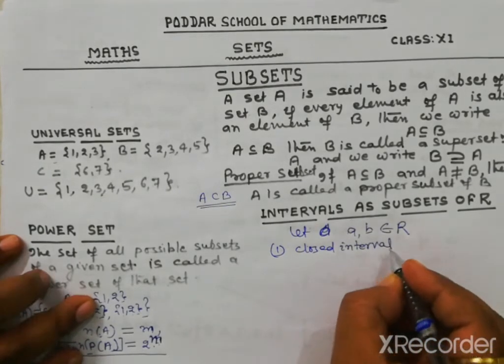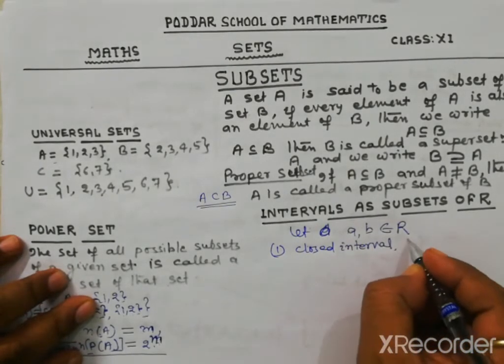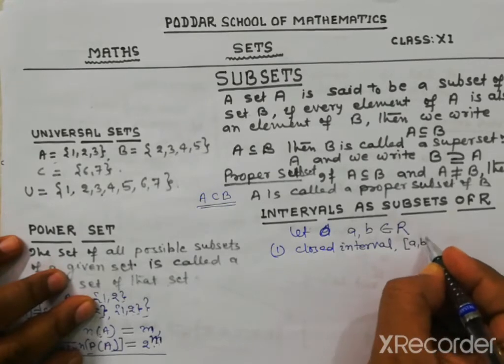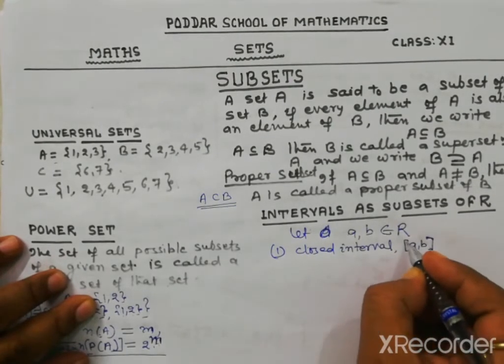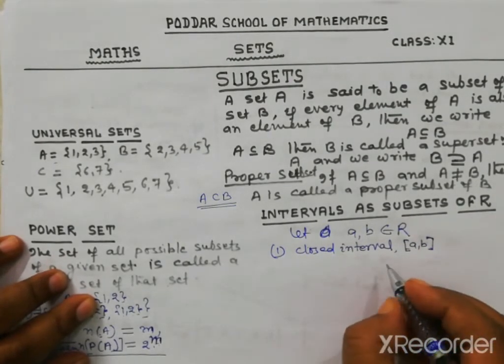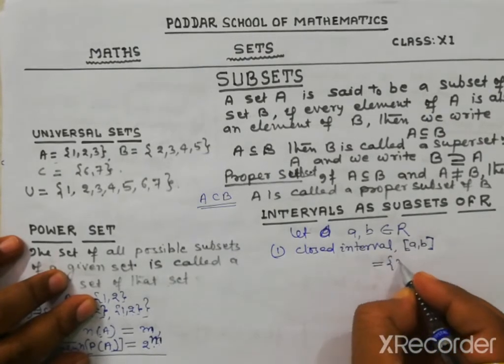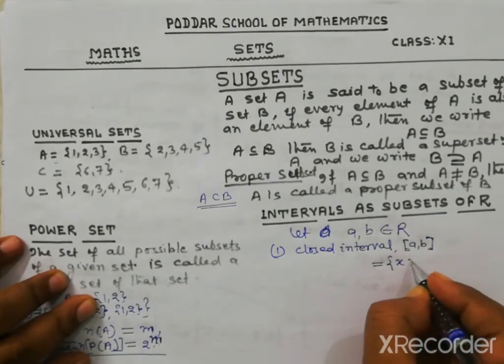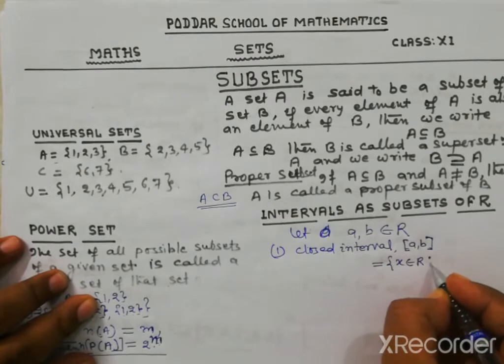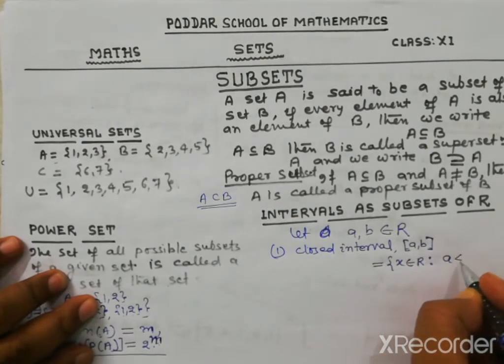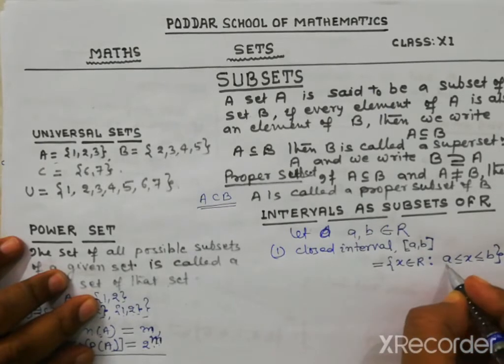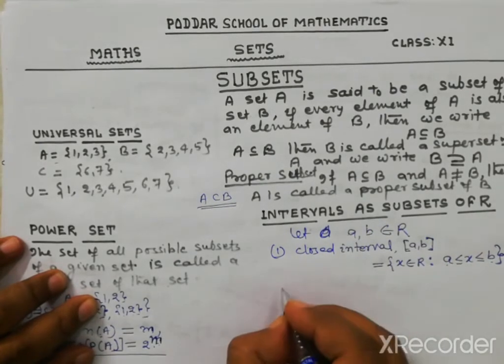Closed interval can be denoted as [a, b] with closed brackets, and this will be equal to all x such that x belongs to R such that a is less than or equal to x less than or equal to b. So in this set, a and b both will be included.